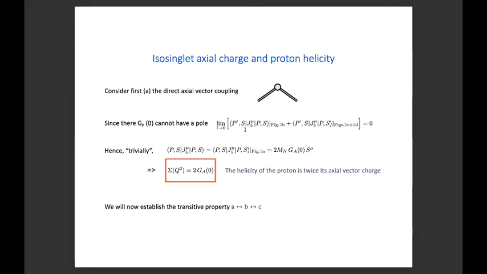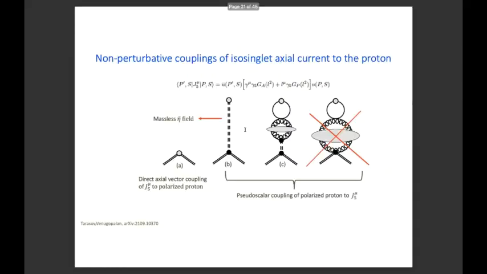And so the expectation value of the isosinglet axial vector current is nothing but the axial vector form factor multiplied by the spin 4-vector. Another way of saying it is that the helicity of the proton, which is sigma, is just twice its axial vector charge. That just follows from this expression here.